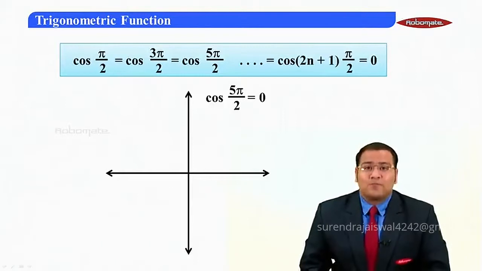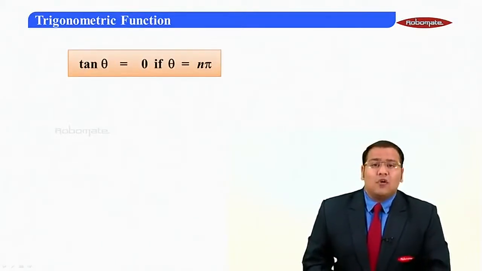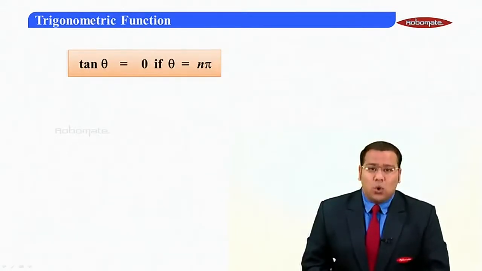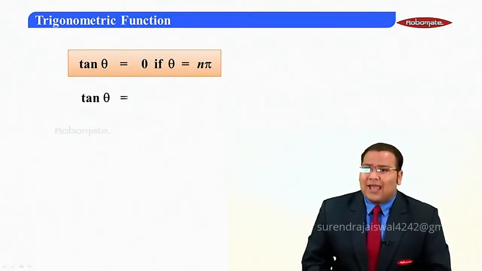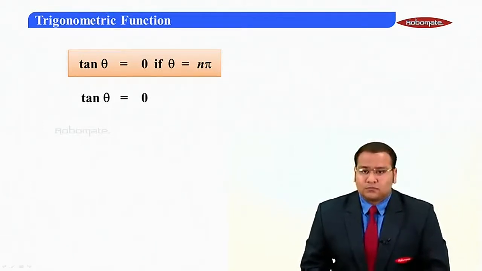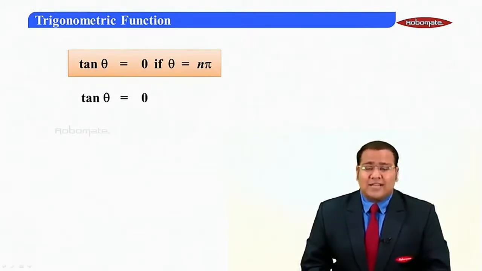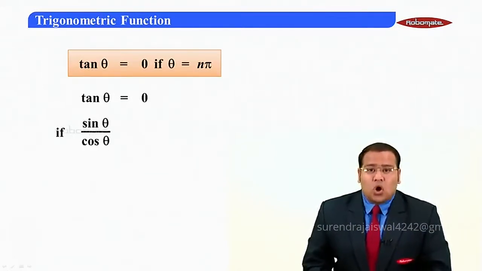Now, tan theta would be equal to 0 only if theta is equal to n pi. How? Let's see. You know that tan theta is equal to 0. We also know tan theta can be represented as sin theta upon cos theta. So tan theta would be equal to 0 only if sin theta upon cos theta is equal to 0.